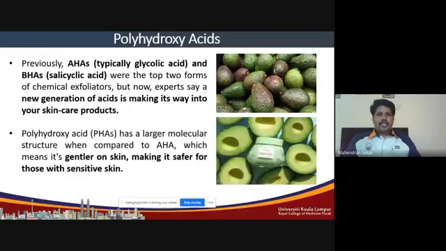And another one is polyhydroxy acid. Normally we use alpha hydroxy acid and beta hydroxy acid as ingredients in some cosmetic products, but now they have changed to polyhydroxy acid, which is obtained from the plant material avocado. This gave a better effect when compared to alpha hydroxy acid and beta hydroxy acid.